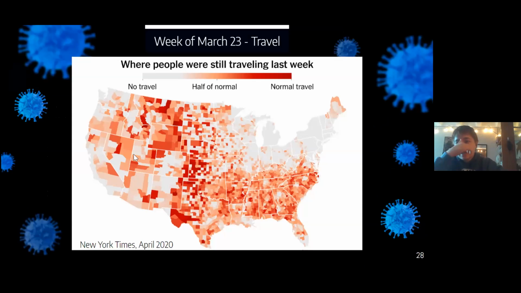And this shows the variation in how the lockdowns worked in different states. In states where there were strict lockdowns, especially in the Northeast, you can see there was almost no travel in those areas, whereas in large swaths of the country, you can see closer to normal levels of travel, which shows the very wide variation in these policies and in their impact.